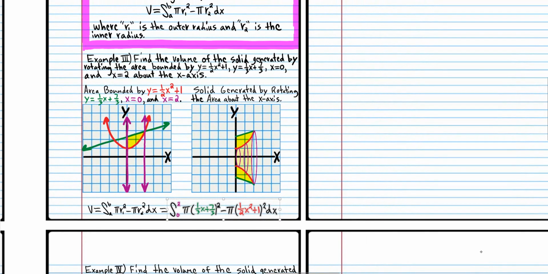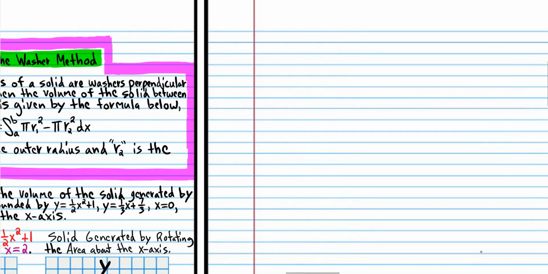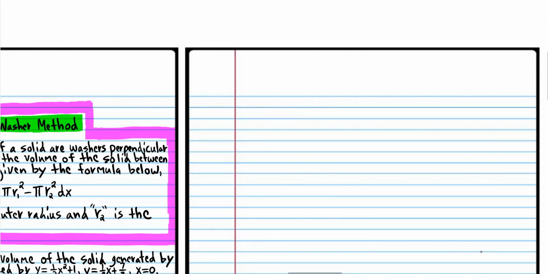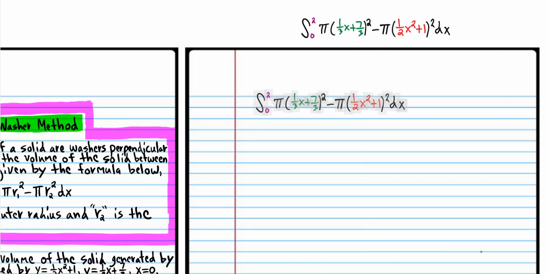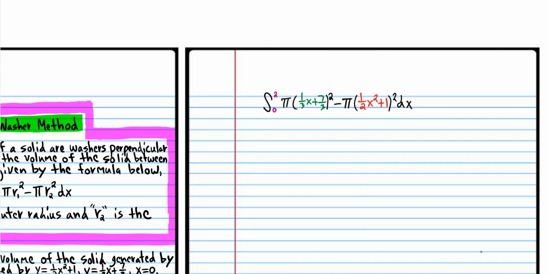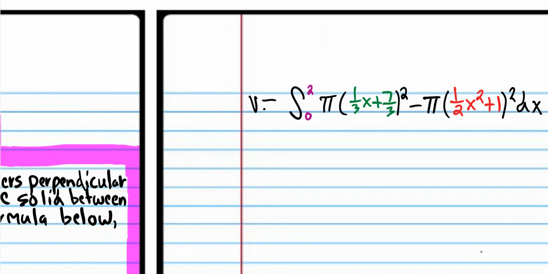Now again, you probably noticed that it would be really easy just to use our calculators to find the value of that integral, but unfortunately in calculus class you're not really allowed to do that. You have to show that you can do the calculus yourself.